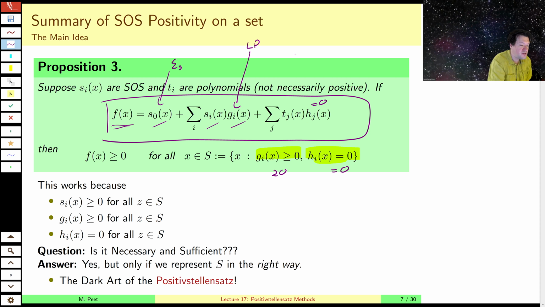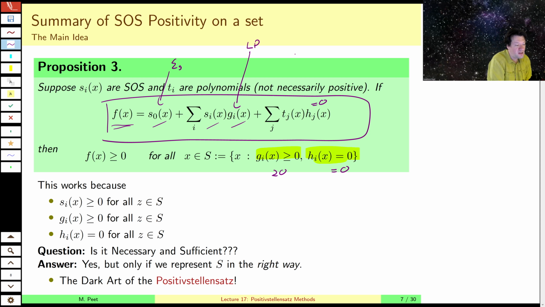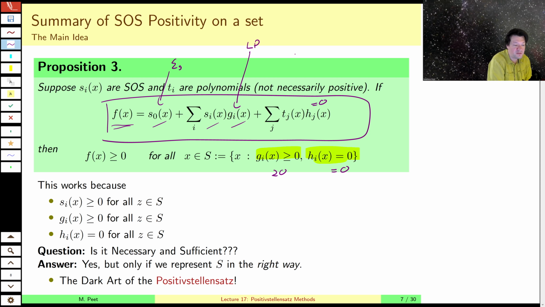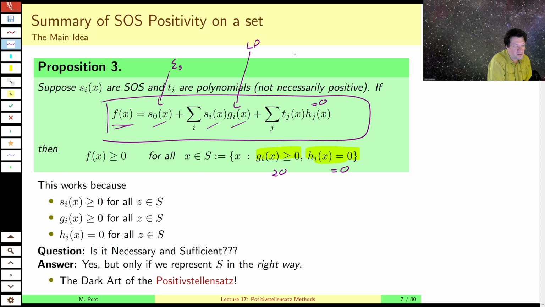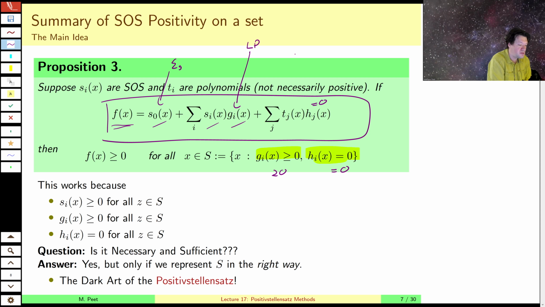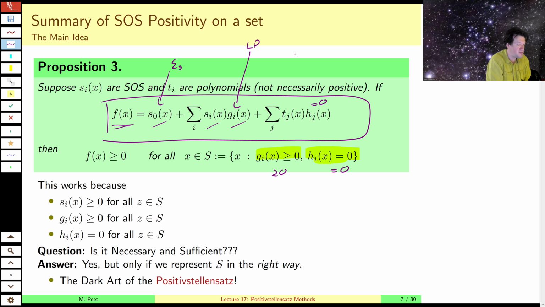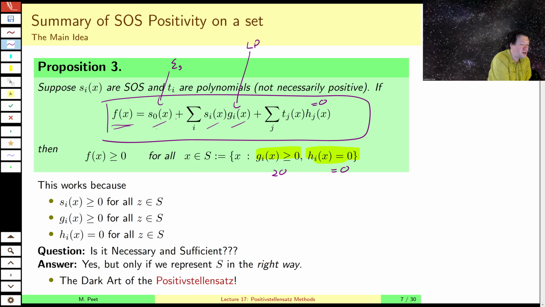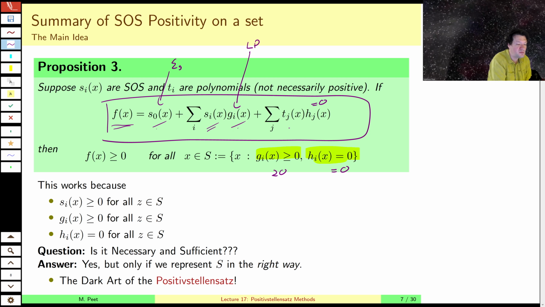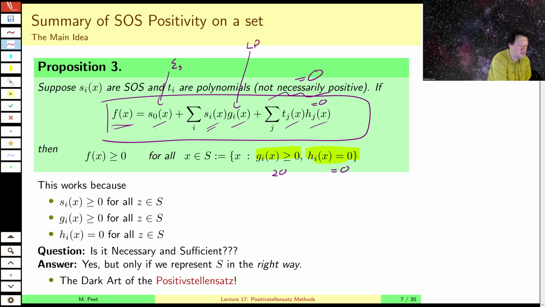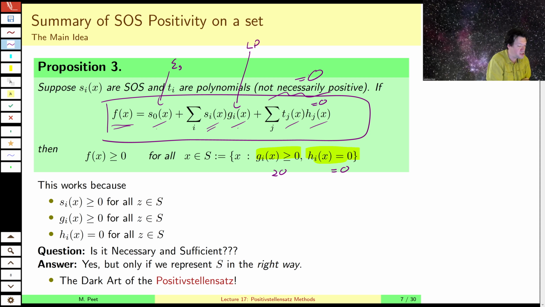So sums of squares, products of squares, products of the representation itself, and terms which are 0 all deductively infer positivity. We're adding positive terms, positive terms, positive terms, anything and 0. So basically this whole thing is equal to 0. Adding zeros doesn't change positivity either.